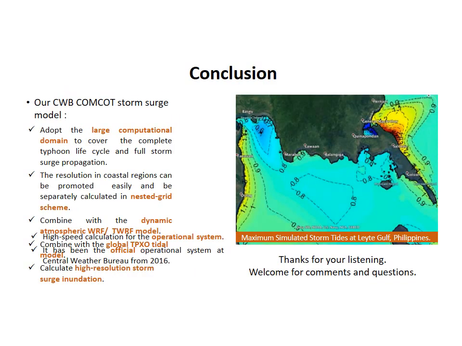Our model can adopt a large computational domain to cover the complete typhoon life cycle and full storm surge propagation. And resolution in coastal regions can be very easily promoted, calculated separately in a nested grid scheme, and combined with the WOLF or T-WOLF model and with the global tide model. Yes, and the speed is very high, so we can do an operational system and early warning system.